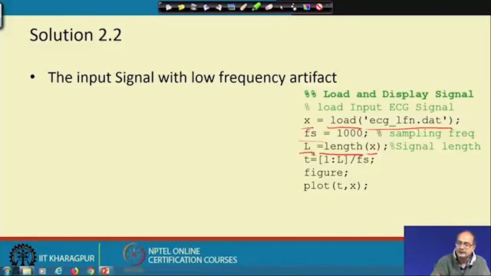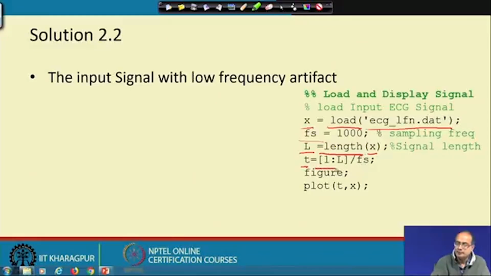So, we store that length in the variable L, and then to create the time axis we take another variable t, where we populate it with a ramp.